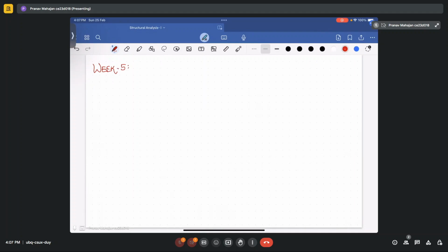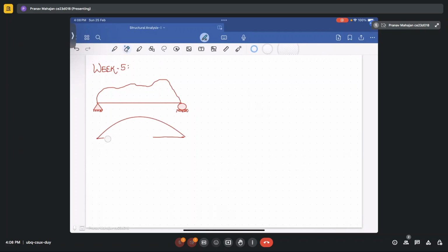Suppose we have a simply supported beam, which is subjected to non-uniform loading at various points. And if we draw the bending moment diagram, it will somewhat look like this.